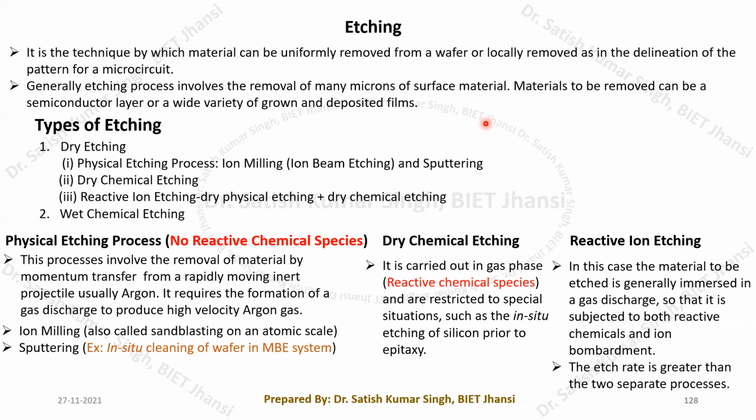in which we have seen how the wafer can be immersed into particular chemical solutions, and then we can remove a certain layer of silicon from the wafer surface, so that certain contamination can be removed and certain damages can be repaired after immersing it into the particular solution.